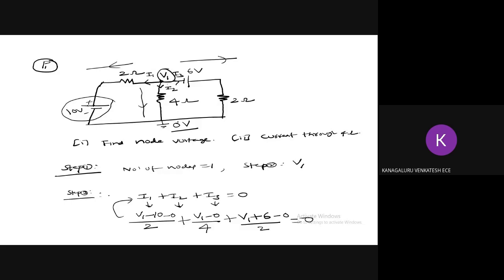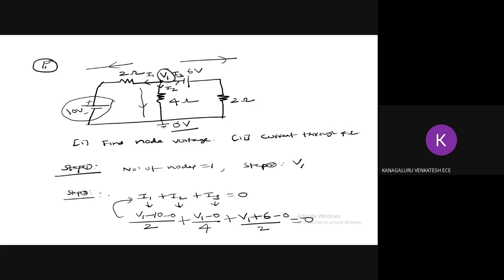In case you have a doubt, how will you say that the current is leaving? In case it is entering, your answer is going to come with a negative sign. For example, say I1 I'm getting 10 ampere, but actually I1 is entering, not leaving. Then the answer is going to be minus 10 ampere. Apart from that, nothing else.